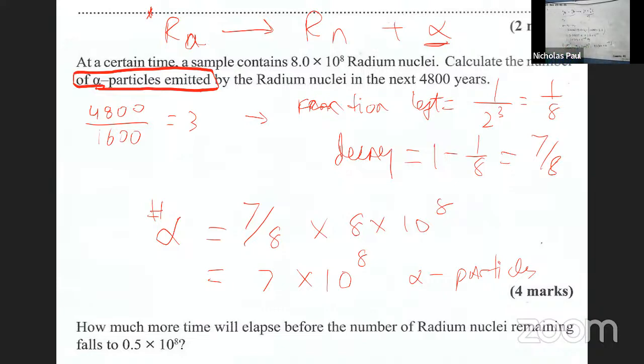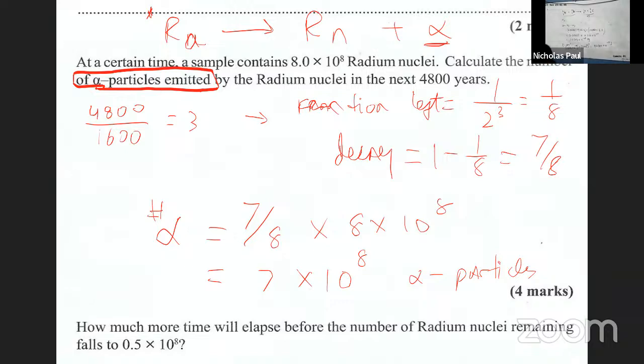How many half-lives to reach 0.5? To go from 1 by 10 to the 8 to 0.5 by 10 to the 8, that's the next half-life.